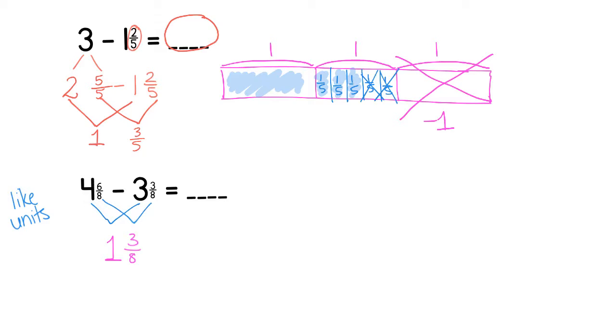So you need to first draw 4 and 6/8. Now I know that I have 4 wholes, and then I need another whole to have my 6/8.